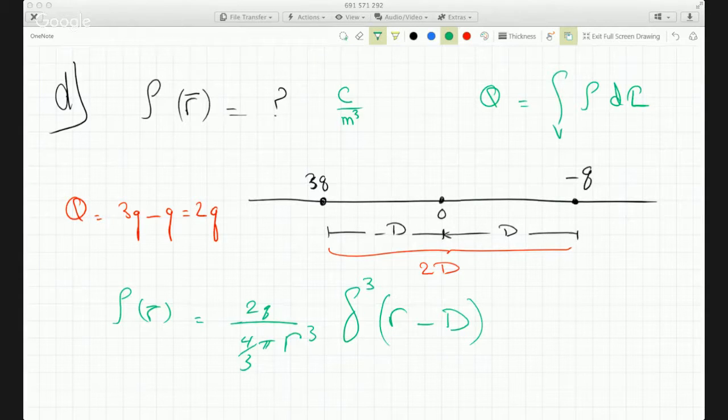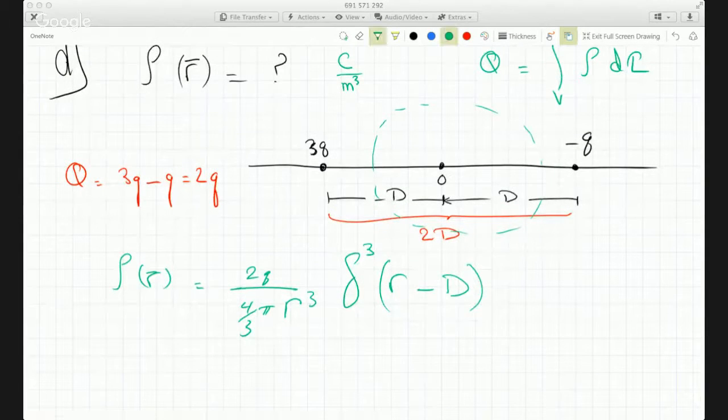But if I'm inside d, right, my volume extends out. Say, for example, I take a sphere here, so my bounds of integration are less than d, then the answer will be 0.